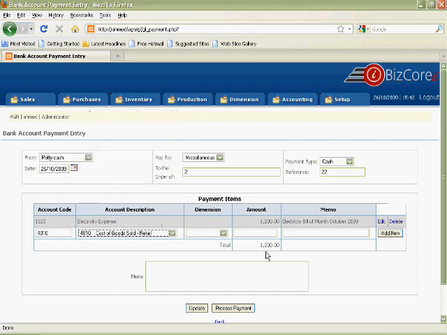You can add this memo also. You can add the date of the transactions.